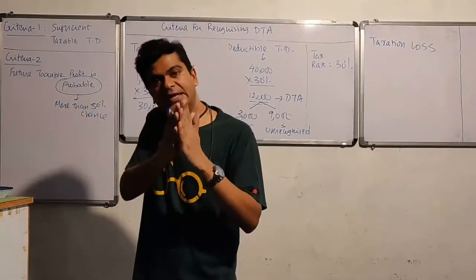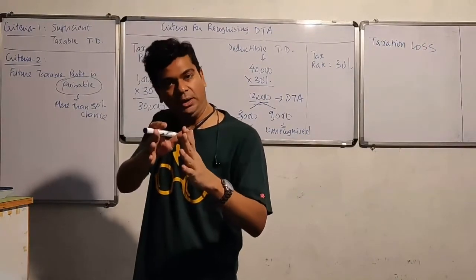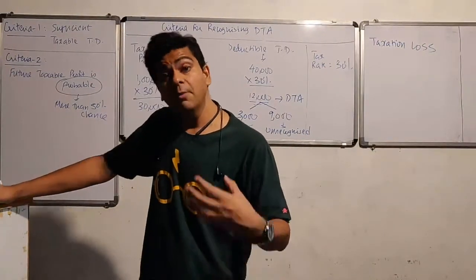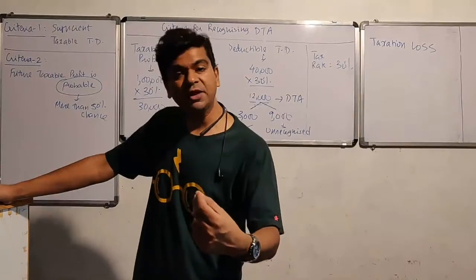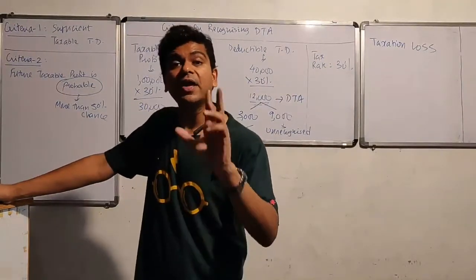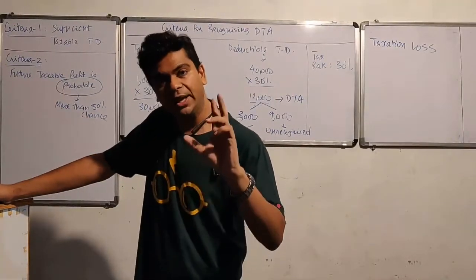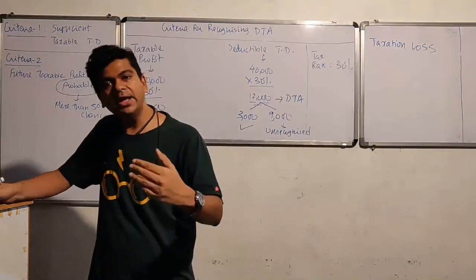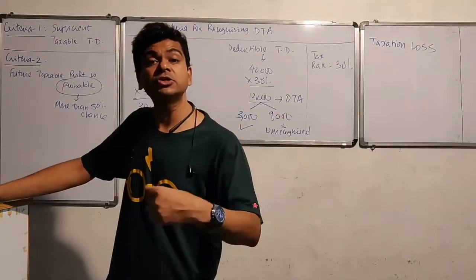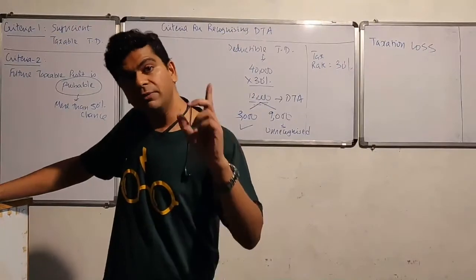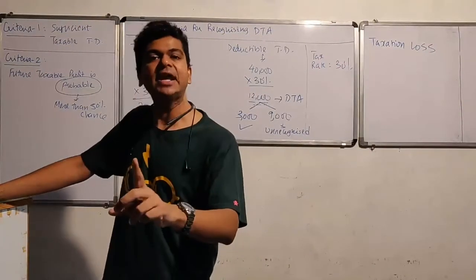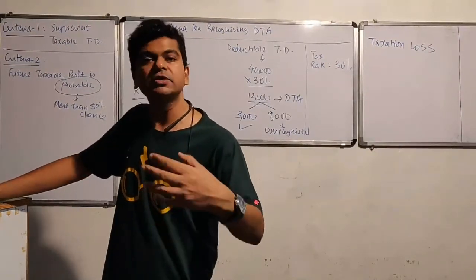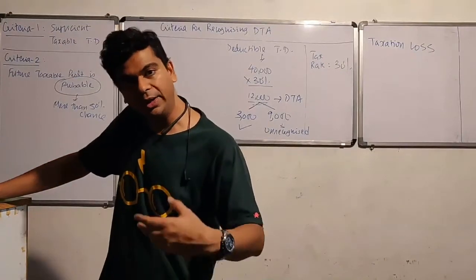So in case, let's say in the last assessment year, you had a taxation loss, but you believe that now in the current assessment year, there will be sufficient taxable income. But Ind AS 12 says that when you have a history of recent tax losses, then you should have convincing evidence that there shall be sufficient taxable income in future.